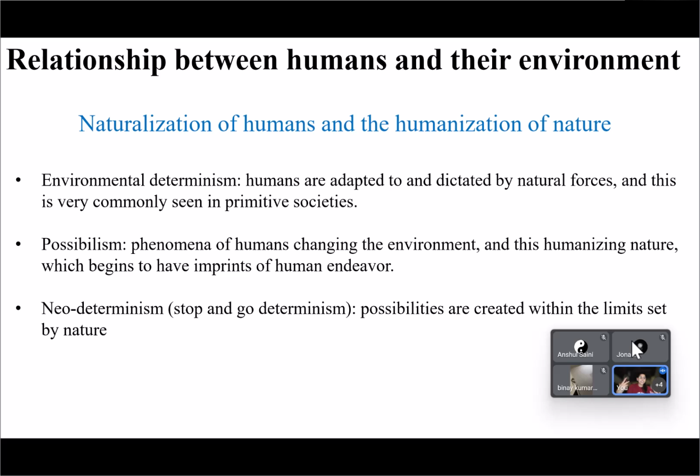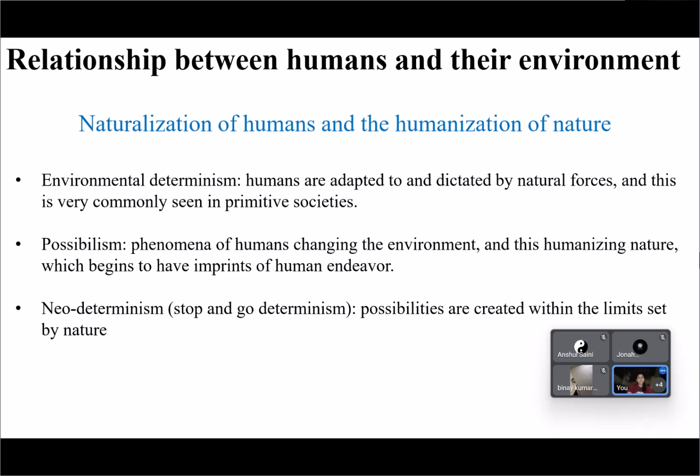And the second is talking about humanizing of nature, where people are now changing nature according to their wishes. And this second term is problematic because it leads to whole issues that we are going to discuss. When you talk about the relationship of how humans look at the environment, there are three domains which were discussed: environmental determinism, possibilism, and neo-determinism, which all talk about different perspectives that humans hold for the nature around themselves.